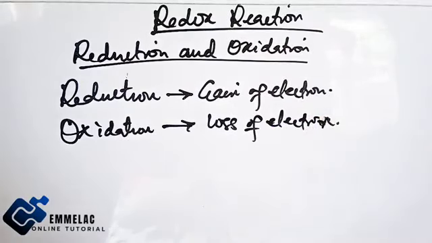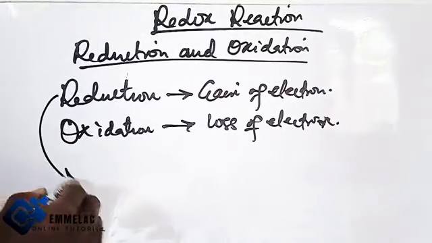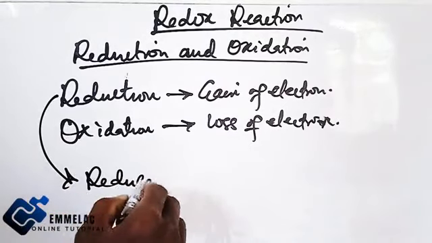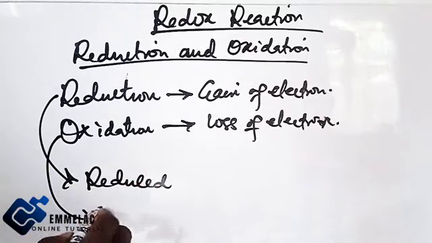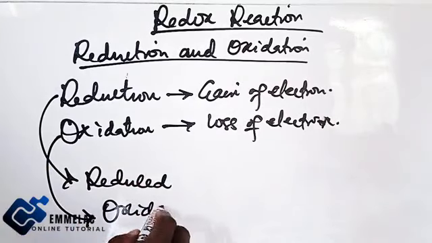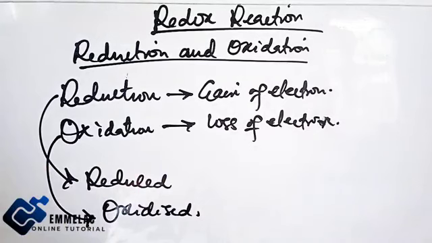So in a chemical reaction, when there is a reduction, it means there is a gain of electron, and when there is oxidation, it means there is a loss of electron. Where there's reduction, it means such an element has been reduced, and in oxidation, it means an element has been oxidized. And I believe you're following.